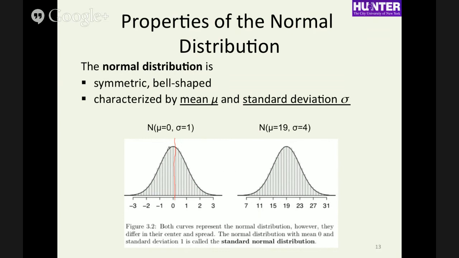And you'll notice, so here are 2 different normal distributions. The first one has mean 0, standard deviation 1, and the second one has mean 19, standard deviation 4. But you notice they look exactly the same, right?